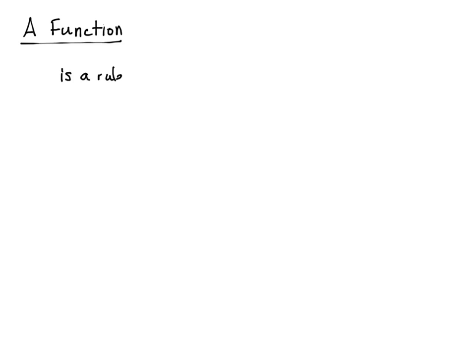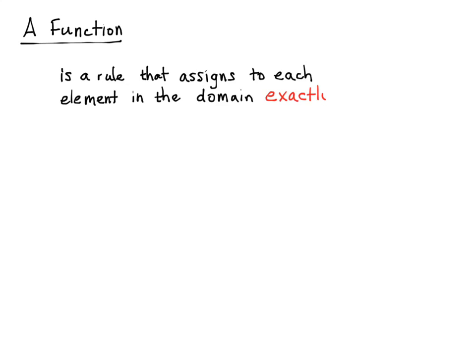Okay, so that's a relation. A function now is a rule. It takes each element in the domain and assigns exactly one element in the range to it. If we go back to the grocery store, we have a relation between the product and the price. The set of all products is the domain, the set of all prices is the range. Now, you would hope that a grocery store would price its products using a function, not just an ordinary relation.